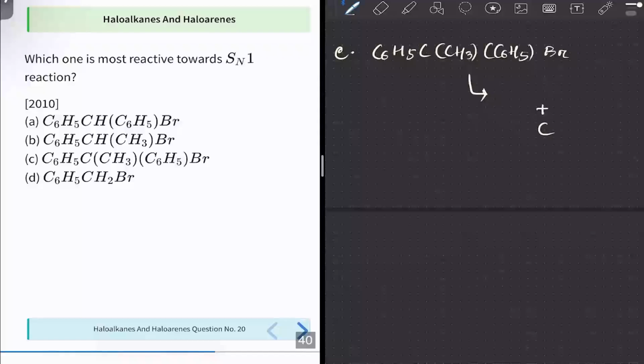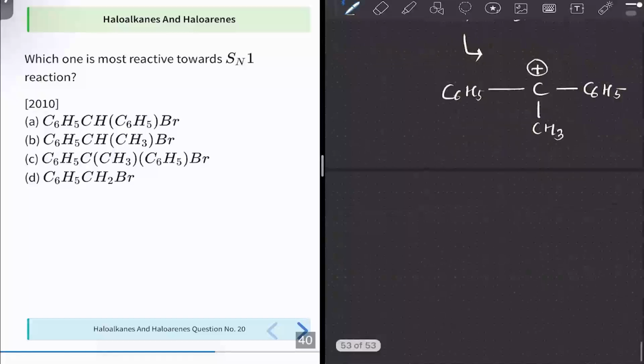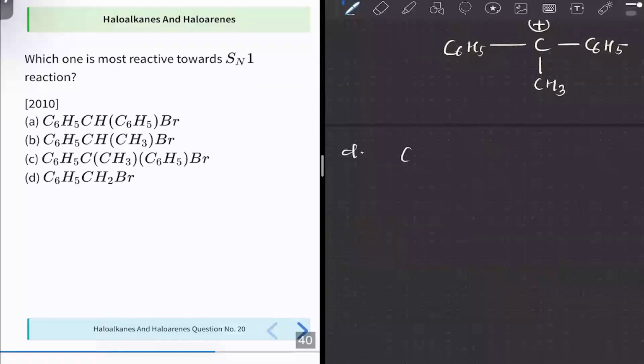(C6H5)2C plus CH3. And D is C6H5CH2Br, so the carbocation will be C6H5CH2 plus.